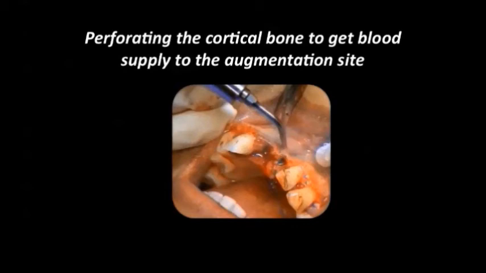If you use a grafted area and you don't get enough blood supply due to thick cortical bone, or the bone is quite tough in that area, the blood vessel cannot penetrate through, and you don't get enough blood supply, and the augmented area starts going in the resorption phase due to the lack of the blood supply.